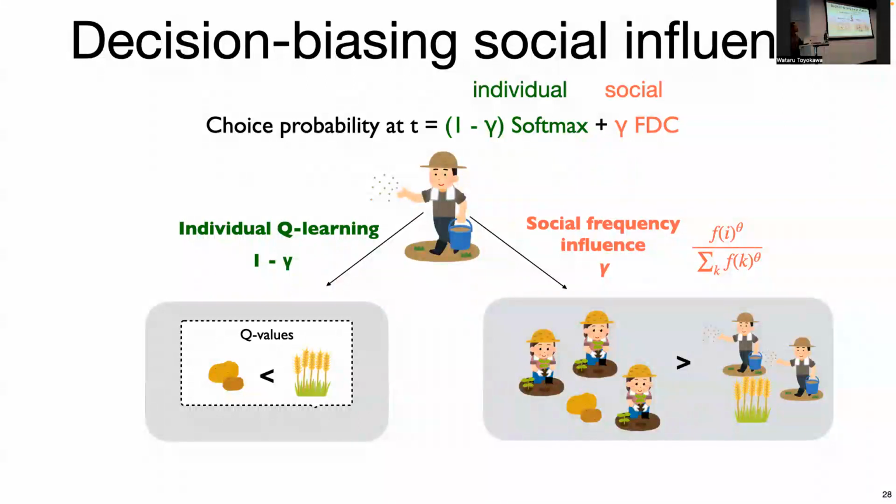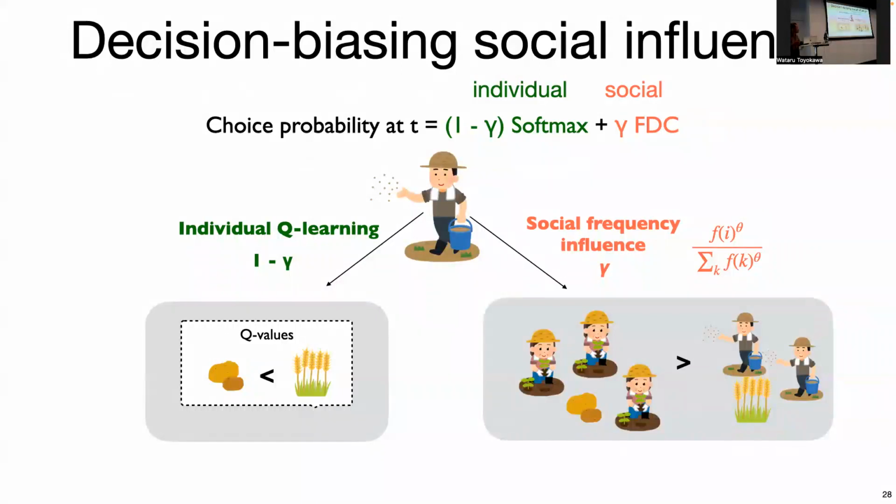So this is called conformity bias social learning. This kind of conformity strength could be controlled by another social parameter, which is theta here. The larger the theta, the stronger your conformity bias. And the smaller the theta, you may still tend to follow the majority option, but this tendency isn't really strong when theta is small.